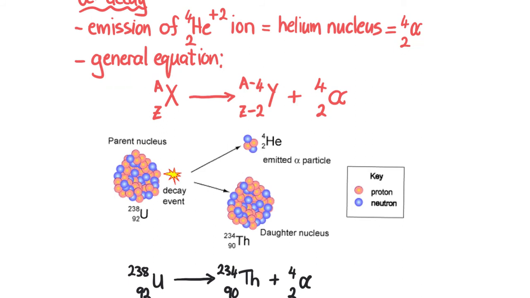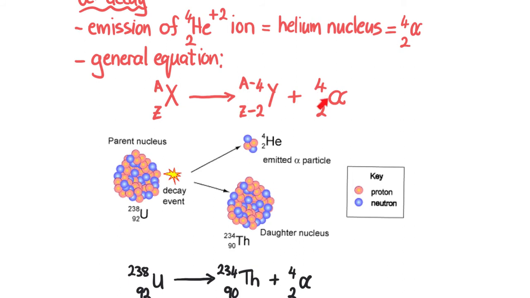The general equation is if you have a nucleus X, that's the element, and you have the mass number A and the atomic number Z, then when this alpha particle is physically emitted from the nucleus, as you can see here, then the nucleus that remains, what we refer to as the daughter nucleus, it is going to have a mass number that's less by 4 to the original mass number of the parent nucleus.